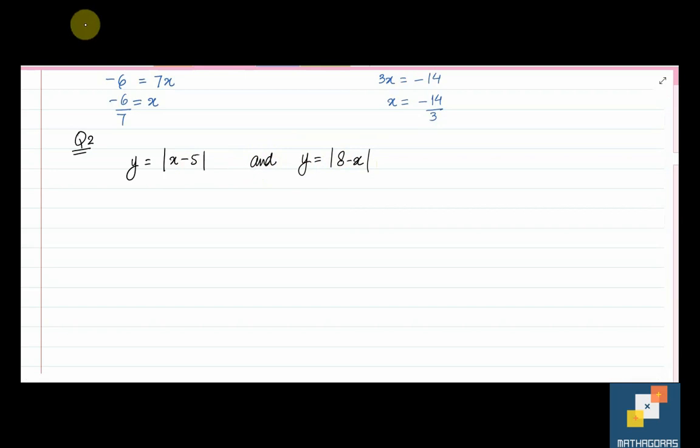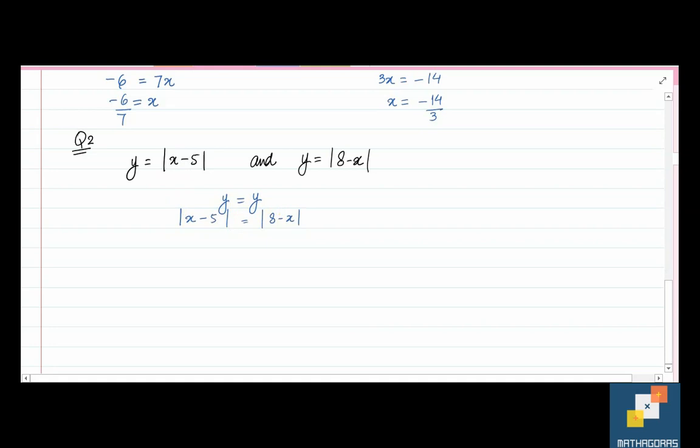So as you can see that on both sides we have y, so we can equate both the values of y. So we can say that y is equals to y, right? On the left side, the value of y is modulus of x minus 5. On the right side we have modulus of 8 minus x.